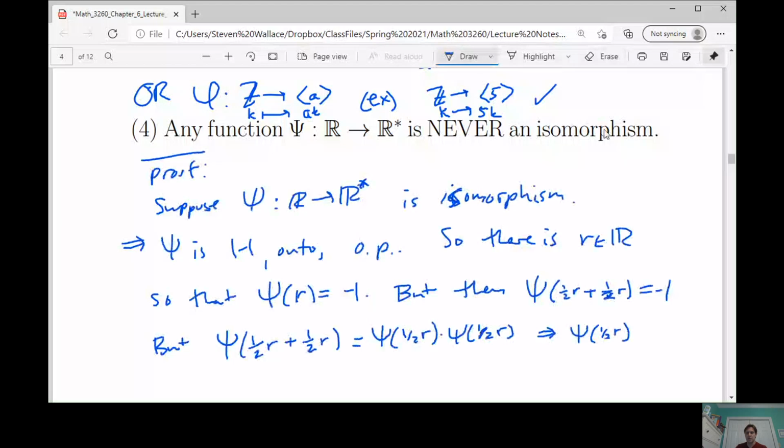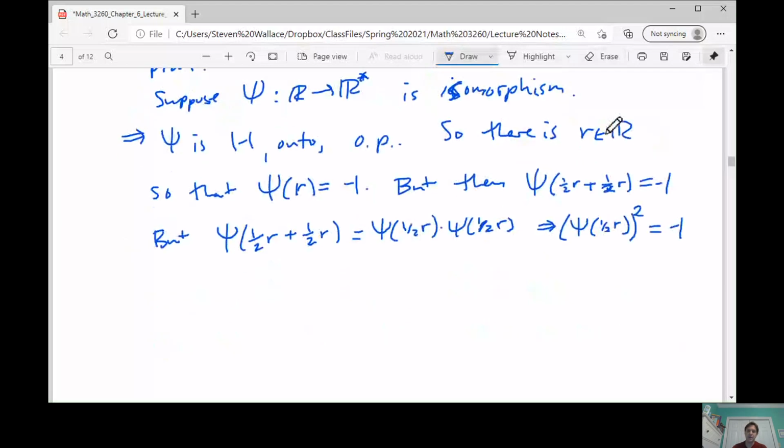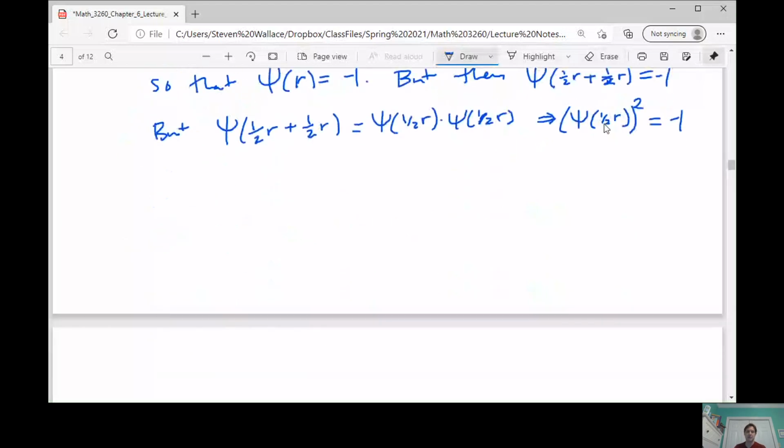Right? This is a number, right? It's a well-defined function, so psi of 1/2 of r must be a real number, okay? This, whatever this number is, squared is equal to -1, but we know that no such real number exists, okay?